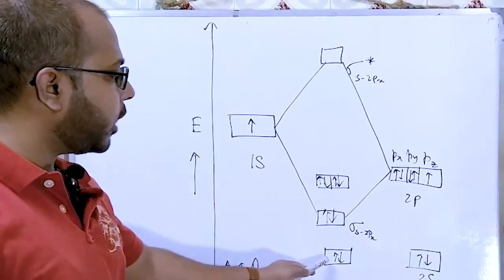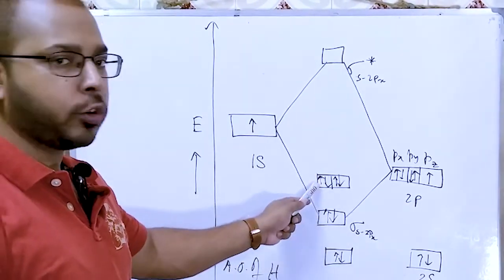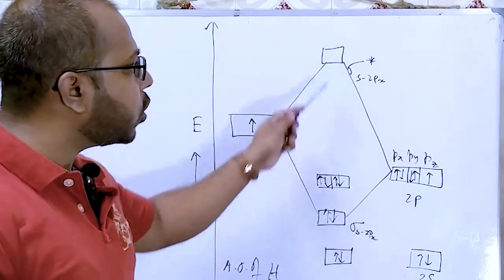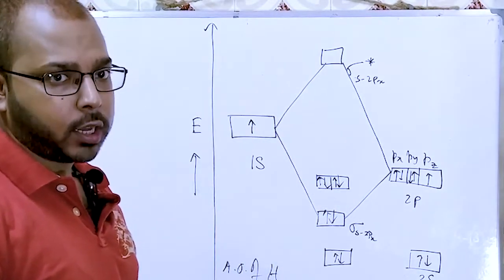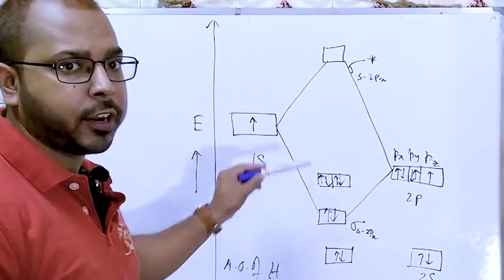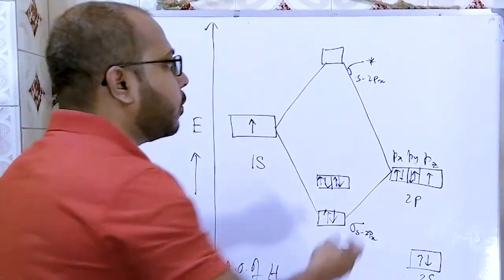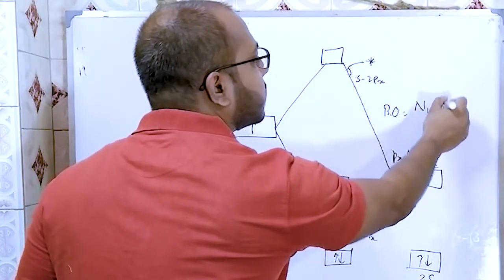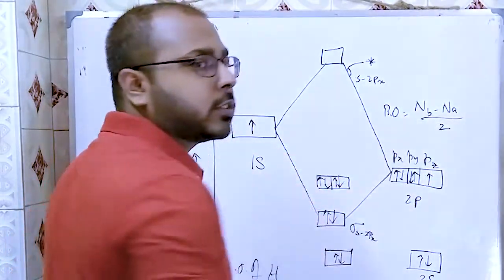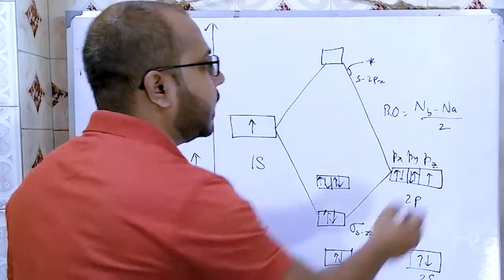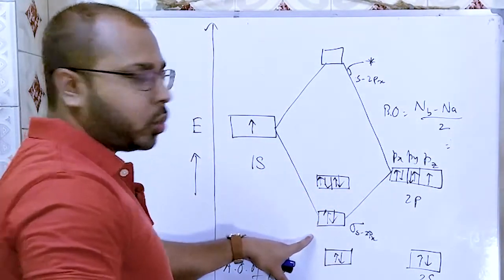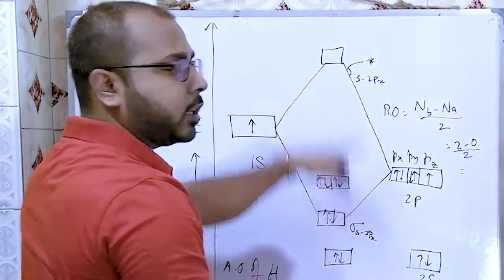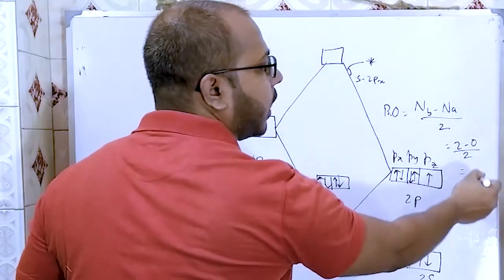So how many lone pairs can you see? You can see 1 lone pair, 2 lone pairs, 3 lone pairs. And there is no electron in anti-bonding because all 6 electrons are filled up here. So bond order will be the number of bonding electrons minus anti-bonding electrons divided by 2. That is, bonding electrons 2 minus 0, divided by 2, so 1.